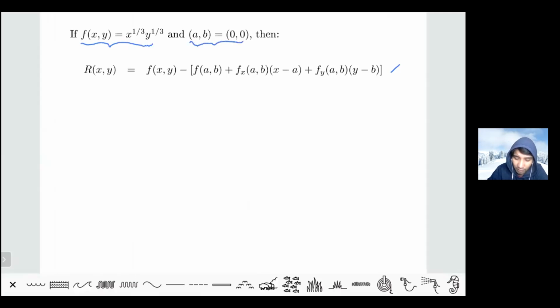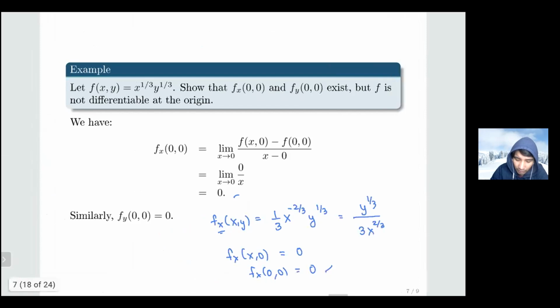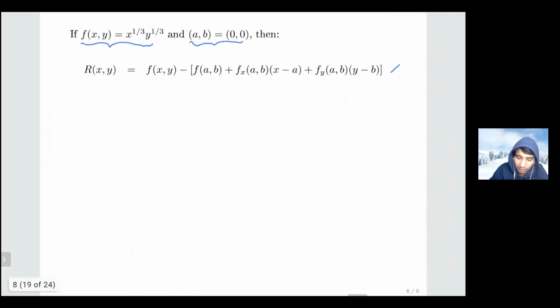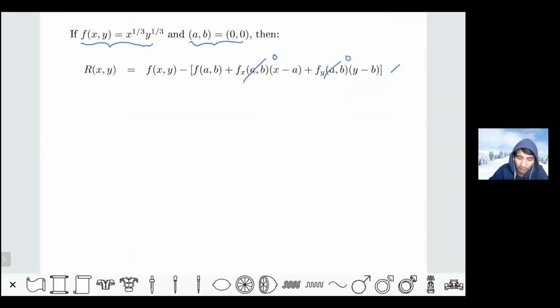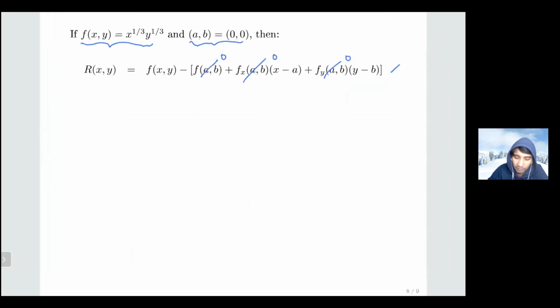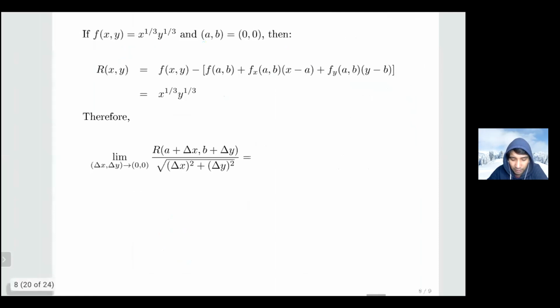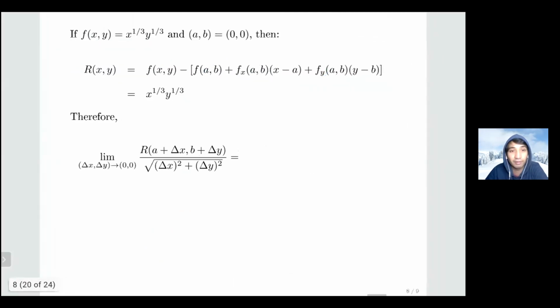Nakuha natin from the previous slide na yung mga partial derivatives ay 0. So, itong part na to, tsaka part na yan, parehas yung 0. So, mawawala lang yung term na yan. And also, f of AB, right? F of 0, 0 is equal to 0 then. So, itong r of xy natin is just x to the 1/3, y to the 1/3. Parehas lang siya nung f of xy.